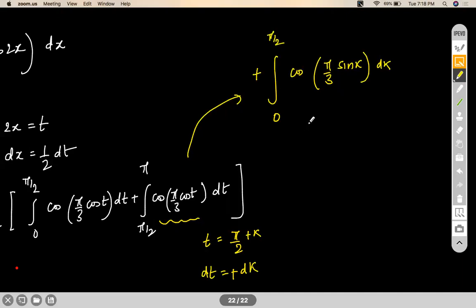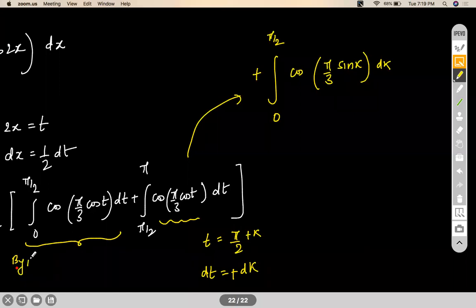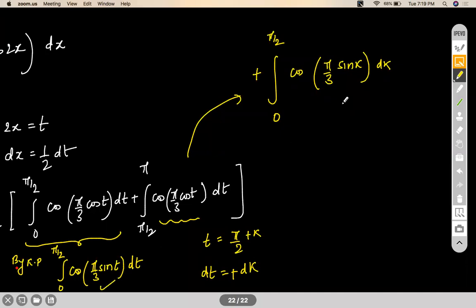Okay. Now, you can also see that this particular expression by King's property, you can write it as the integral from 0 to pi by 2 of cos pi by 3 sine t. Correct? So this expression and this expression are exactly the same. Don't worry about the variable name over here. This is in terms of t and this is in terms of x.